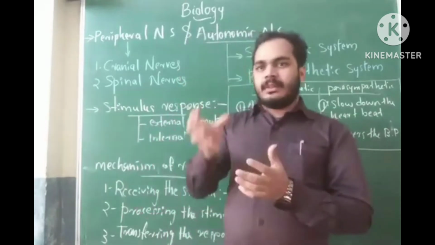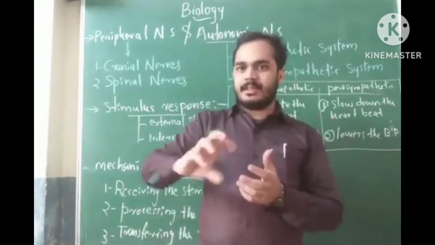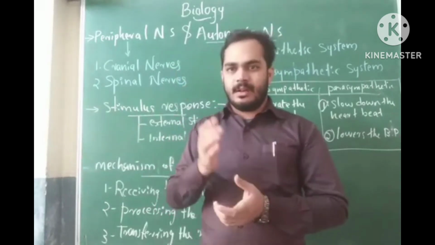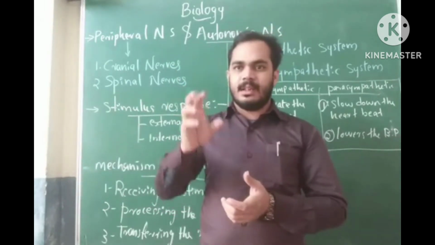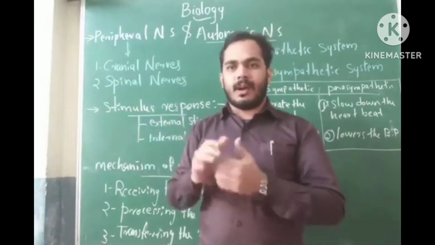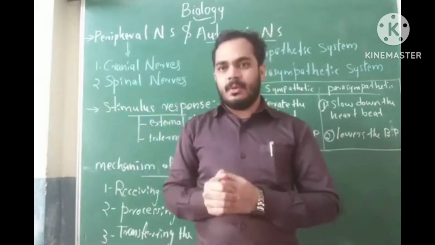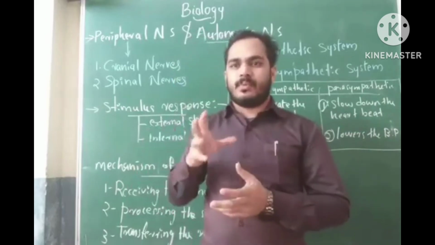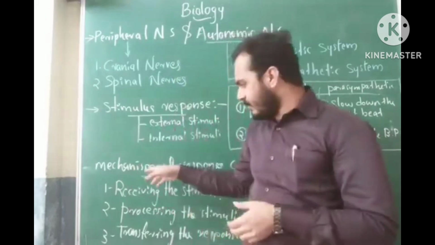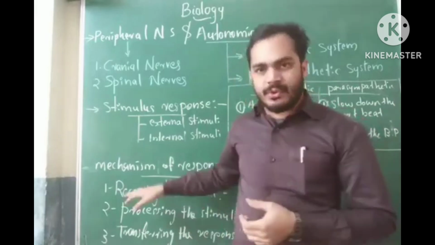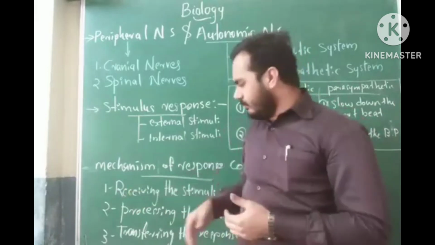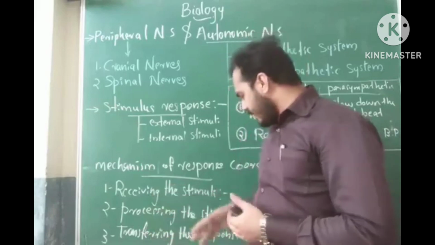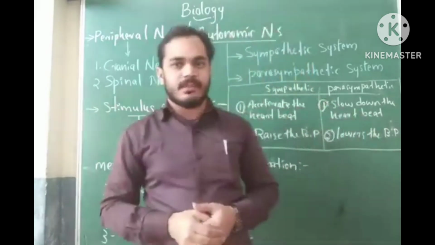Then after that the message is sent to the effector site, on the effector part of the body. Okay, these are the three steps of response coordination. The mechanism of response coordination: the first one, receiving the stimuli. Second one, processing the stimuli. And the third one, transferring the response.